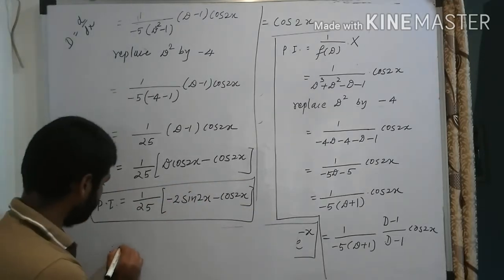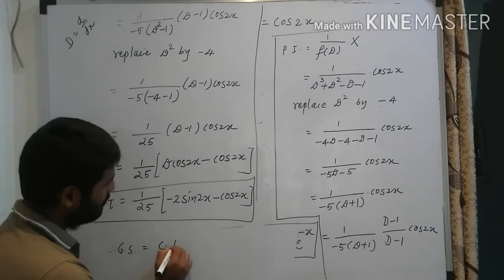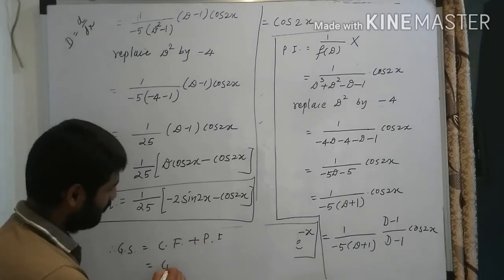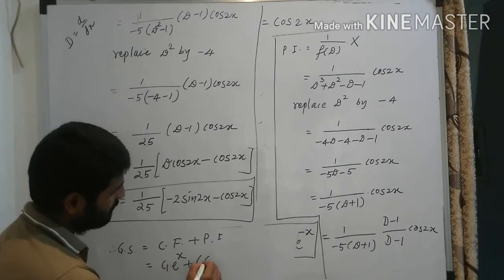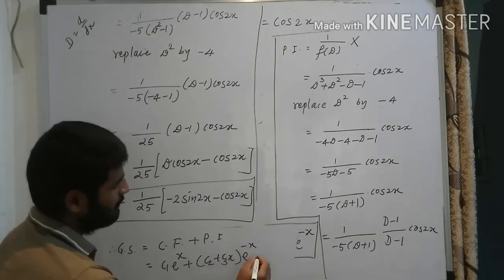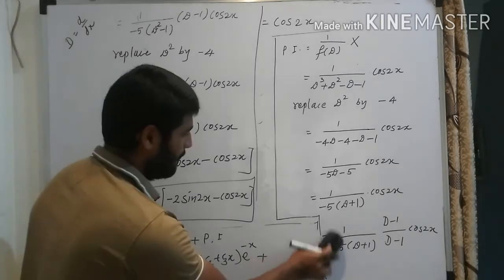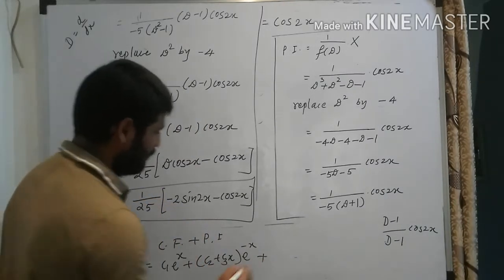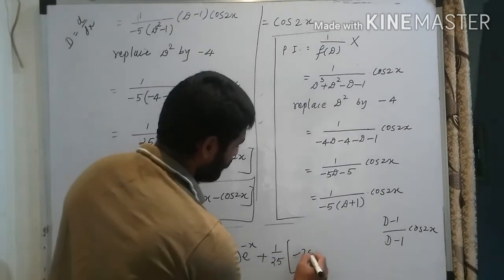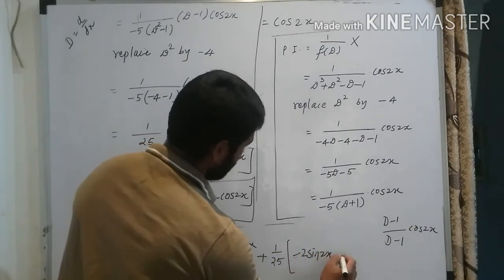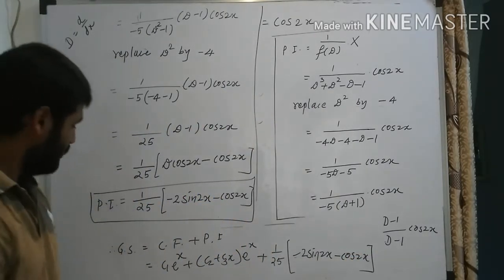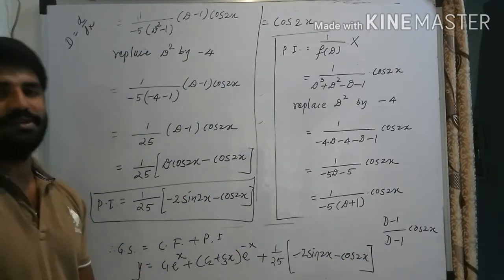Therefore the general solution is CF plus PI, that is C1 e raised to x plus (C2 plus C3 x) into e raised to minus x plus 1 upon 25 into (minus 2 sin 2x minus cos 2x). So this is your required general solution of the given differential equation.